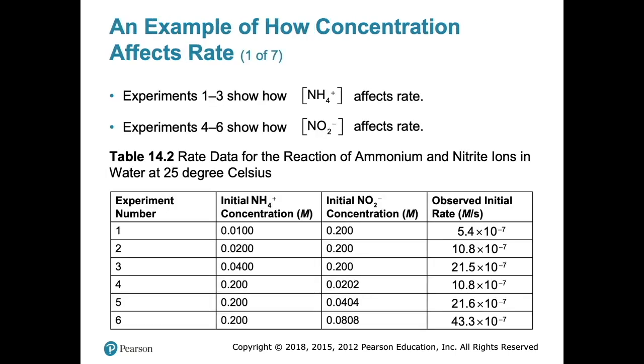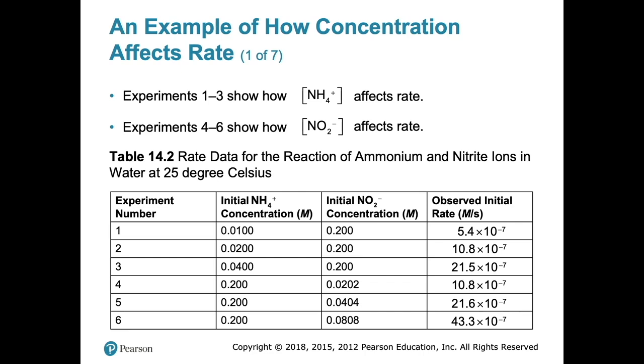So now I have a reaction in which I'm combining ammonia with nitrite, okay? For experiments 1 through 3, what's happening here is that I'm doubling the concentration of ammonia, but I'm keeping the concentration of nitrite the same, to see how that affects the rate of the reaction.